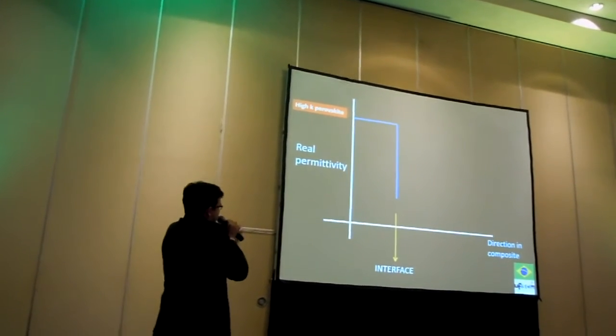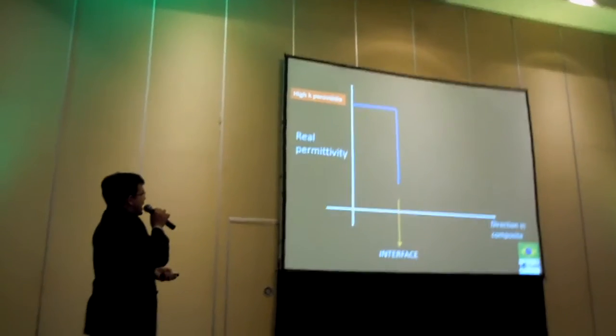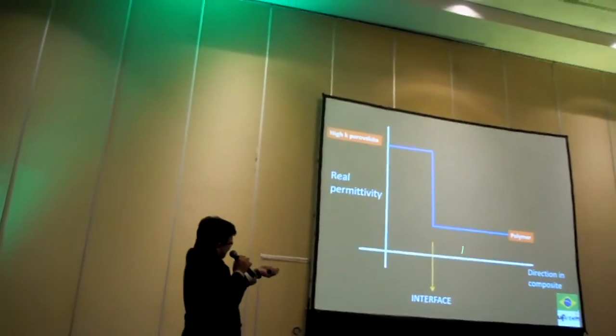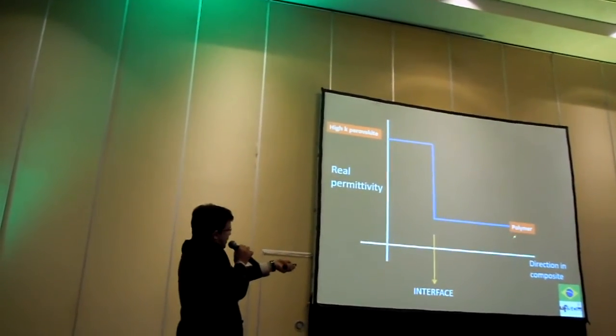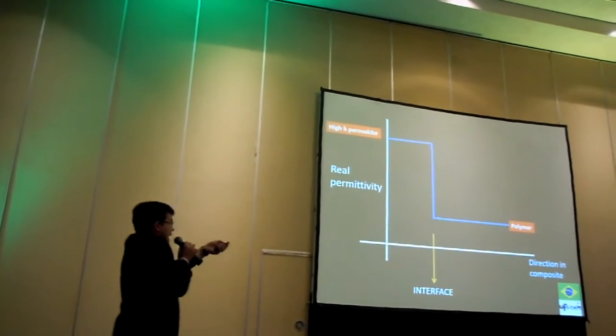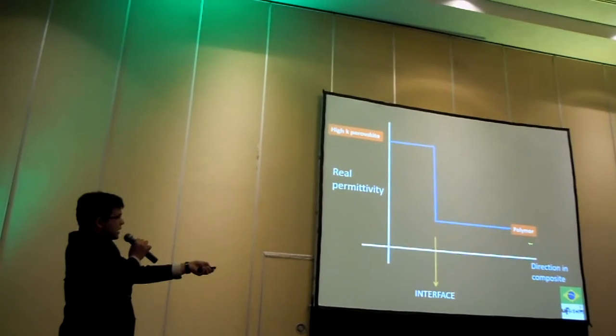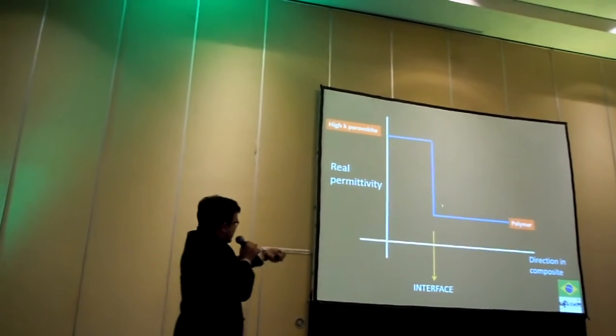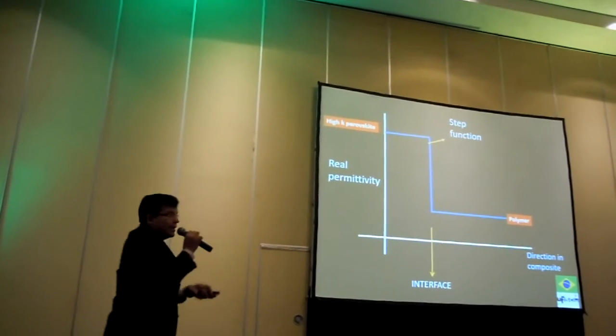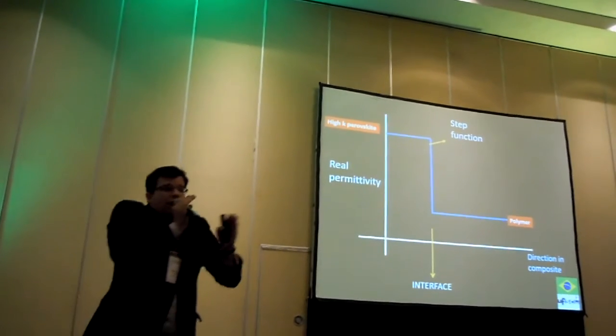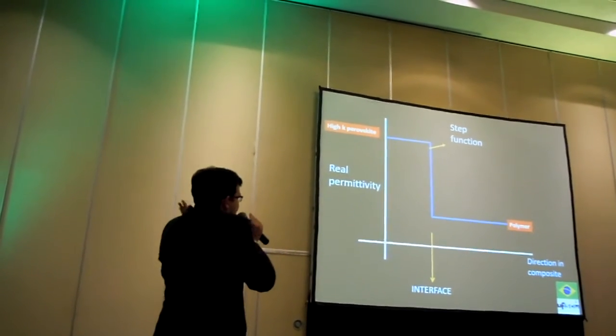In this case, the decrease is abrupt, and we fall to the polymer permittivity. The ceramic is higher, and the decrease is a step function. And this is bad for the application. We're going to lose the polarization that we had before.